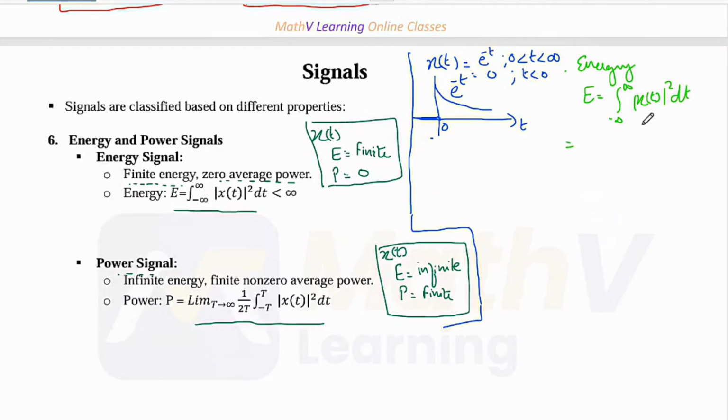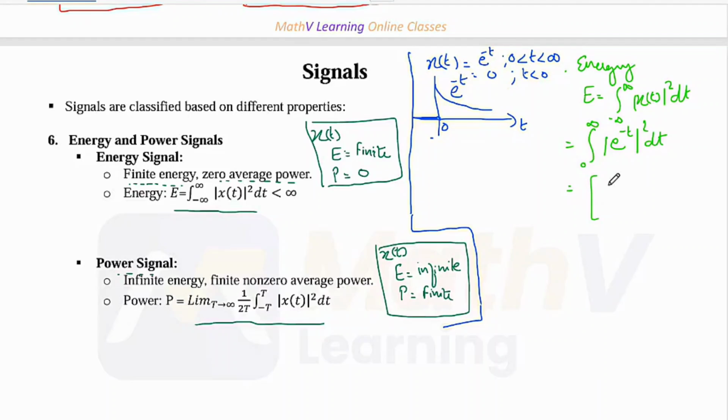Since the signal is defined only from 0 to infinity, it is the integral 0 to infinity of e power minus t, and since t is positive we can take the same value inside the modulus, so it will be this squared dt. Squaring gives e power minus 2t, so I will integrate that.